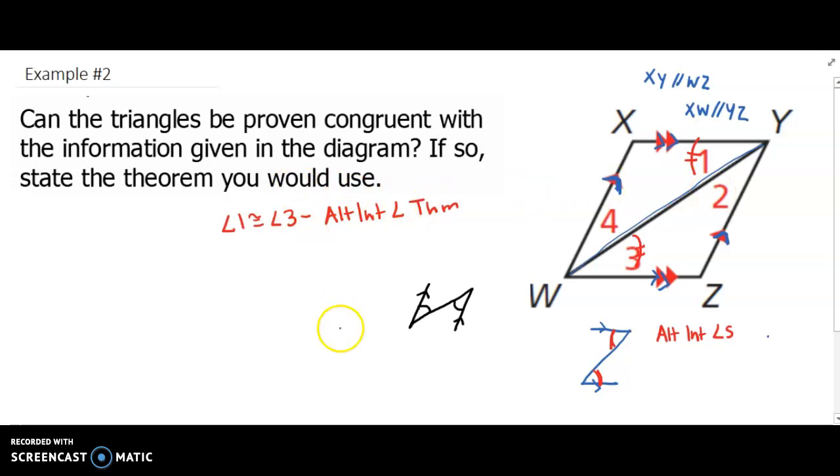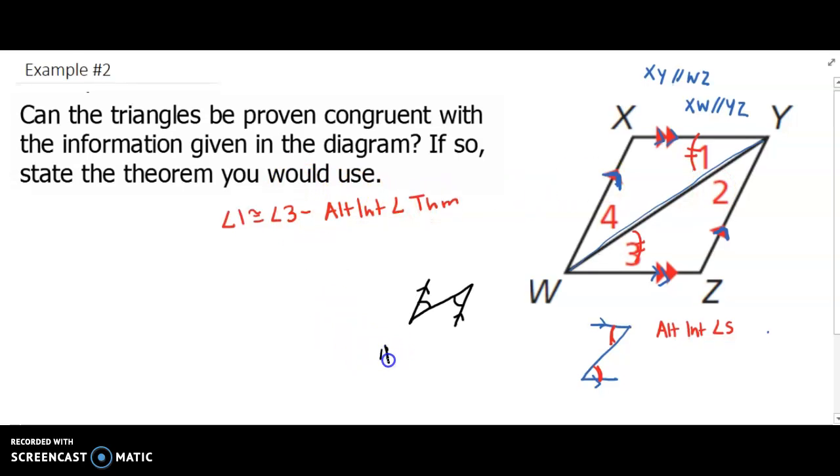Once again, these are alternate interior angles, and I know alternate interior angles are congruent when lines are parallel. So if I look back up at this diagram, this is angle 4 and angle 2. So I can say angle 2 is congruent to angle 4 by the alternate interior angle theorem.